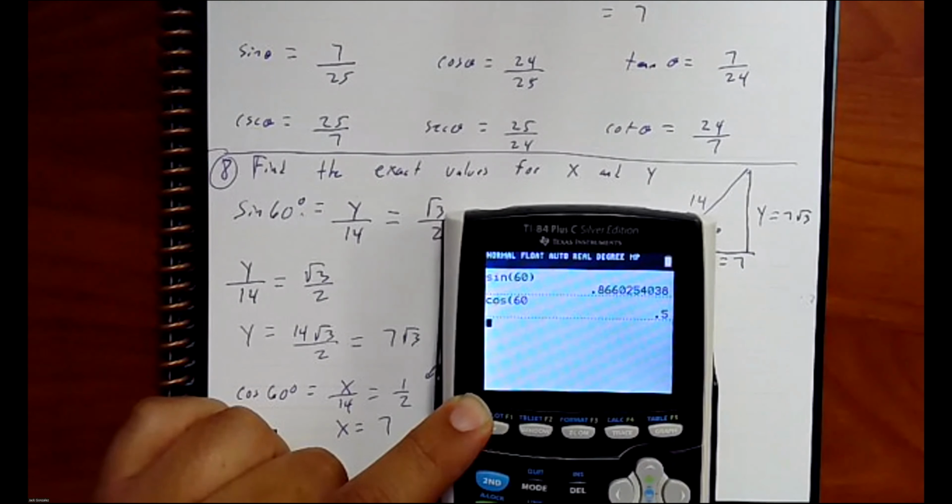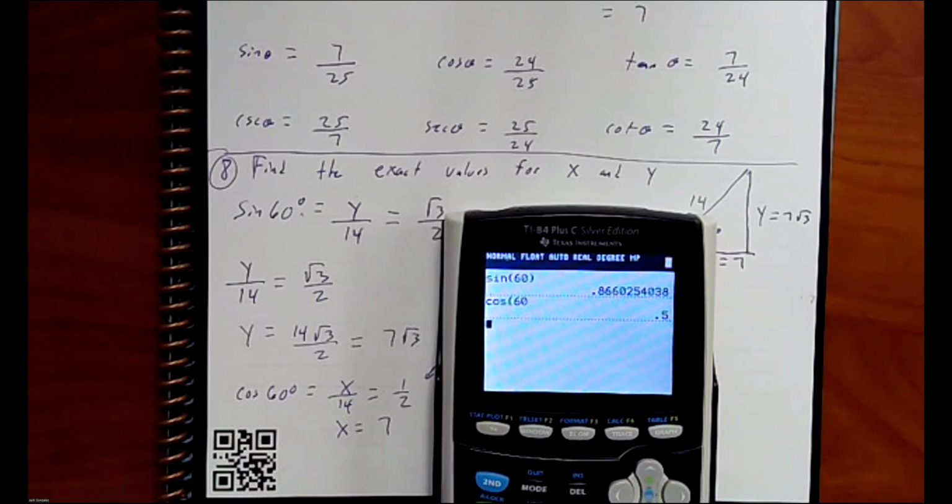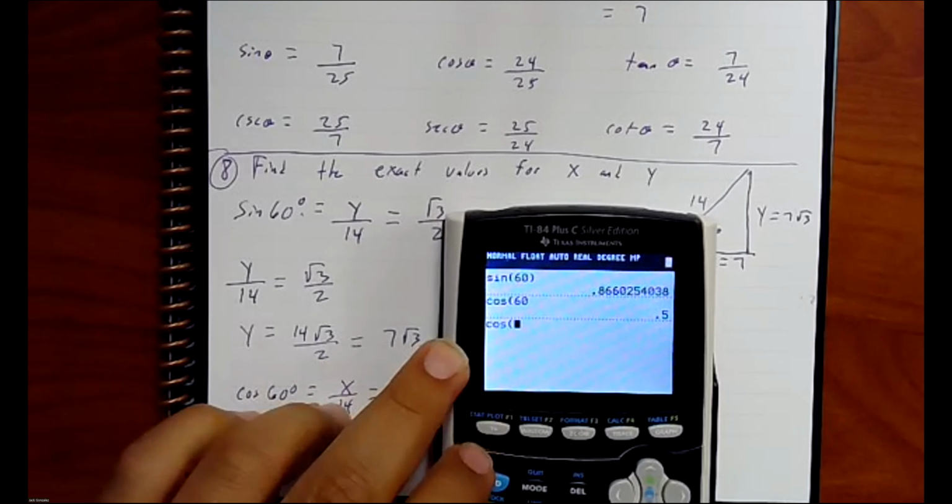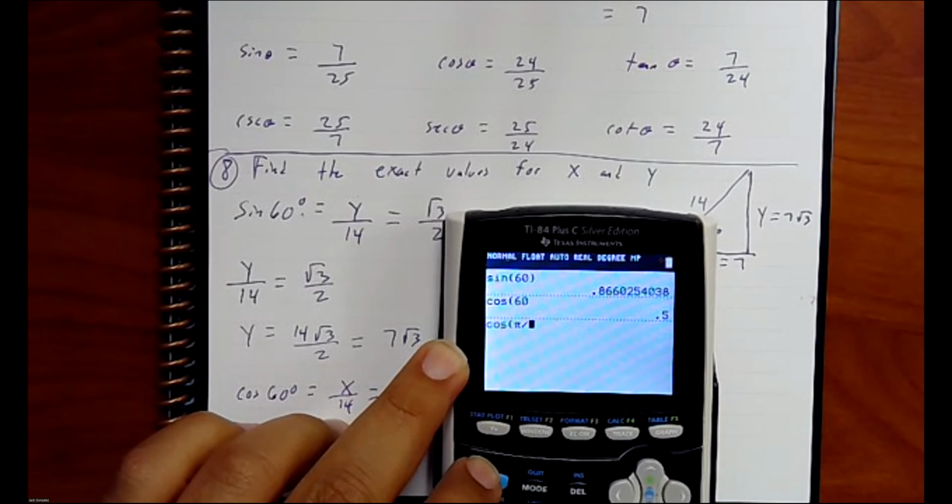Okay. But on mode, make sure it's in degrees. Right now it's on radians. Yeah, if it's radians, then you should be doing cosine of pi/3 because those are equivalent.